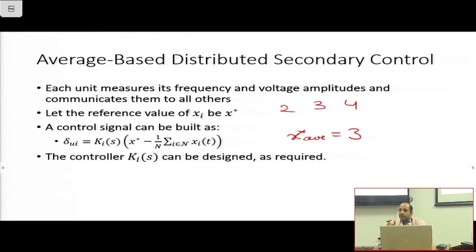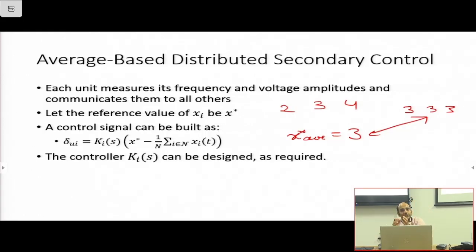So that is why if you just talk about the average, you may have errors. Although theoretically, when you say that if each of them reach that same value, they become same as the average. So the concept is to make the average equal to the reference.